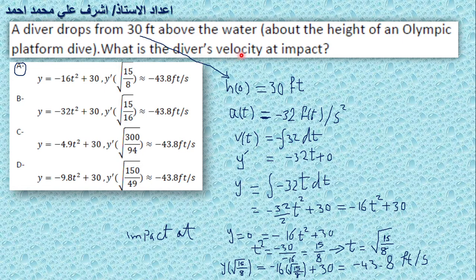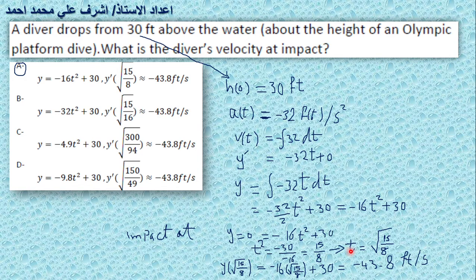He wants the impact velocity. Impact velocity is when height equals 0, so we set y equal to 0 and solve to get t. Negative 16t squared plus 30 equals 0. We move 30 to the other side by subtracting 30 and divide by negative 16. We get t squared equals 15 over 8.